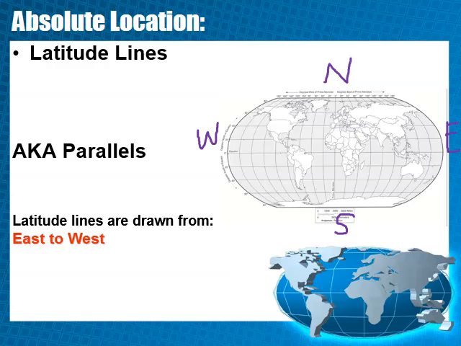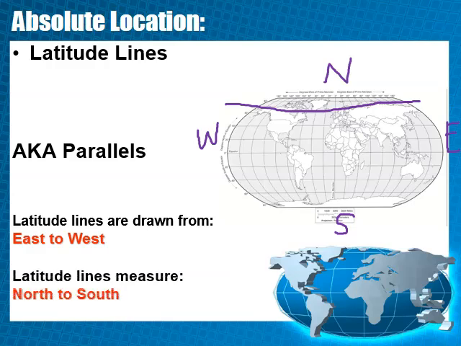So they're going to be drawn in this direction. But they are going to be measuring distance north and south of the equator. So I want you to think about it more like a ladder, rungs on a ladder. These are going to be your latitude lines.